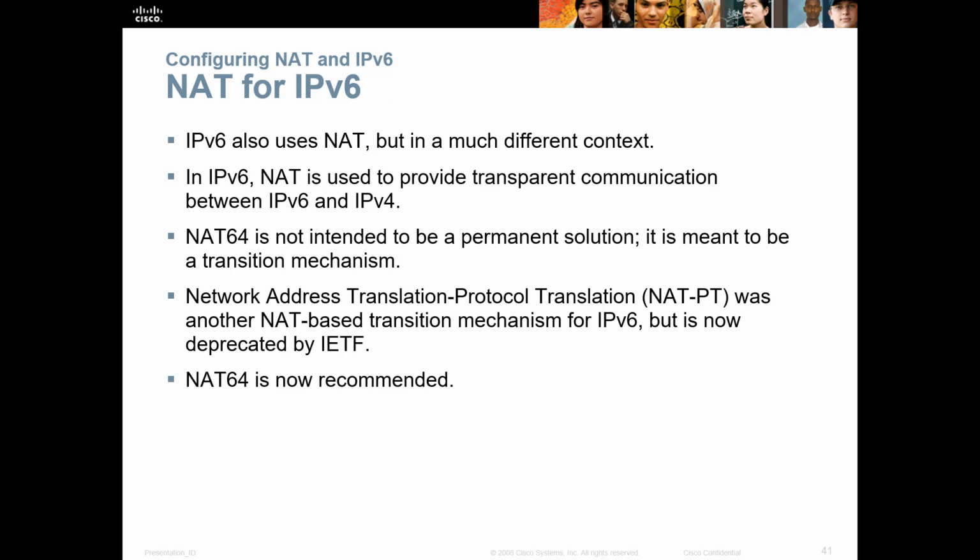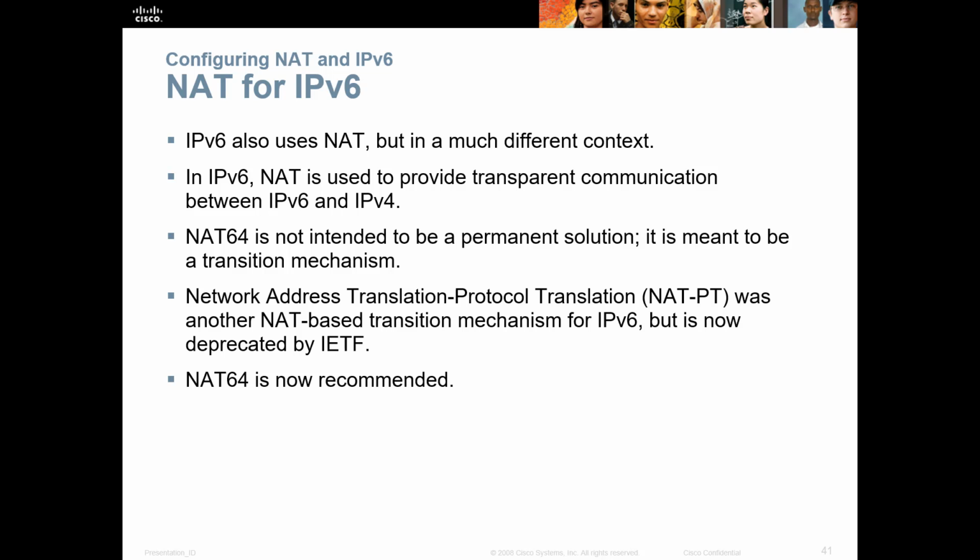NAT for IPv6 again. IPv6 also uses NAT, but in different contexts. NAT64 is used to provide transparent communication between IPv6 and IPv4. NAT64 is not intended to be a permanent solution. And there are also other types of NAT functionality for IPv6 to 4.